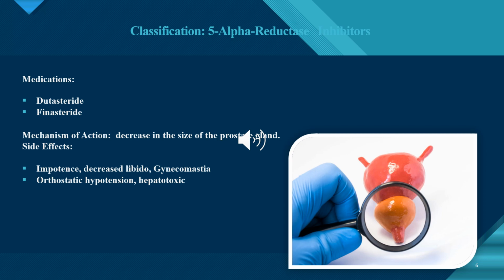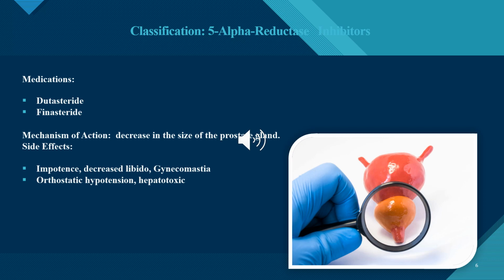Their mechanism of action is to decrease the size of the prostate gland. The side effects listed here: impotence, decreased libido, and gynecomastia. They can also lead to orthostatic hypotension and are hepatotoxic. So whenever you are giving this drug, make sure that the physician orders the AST or ALT, which are the liver enzymes.